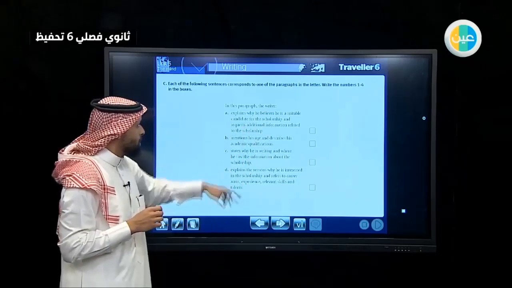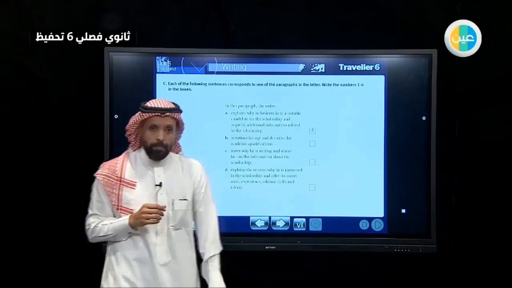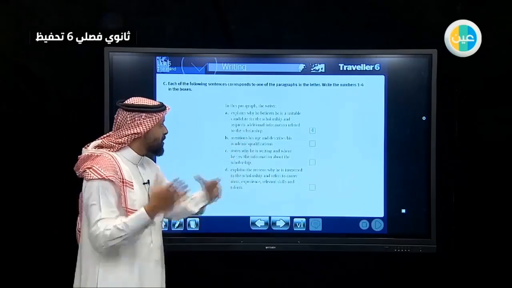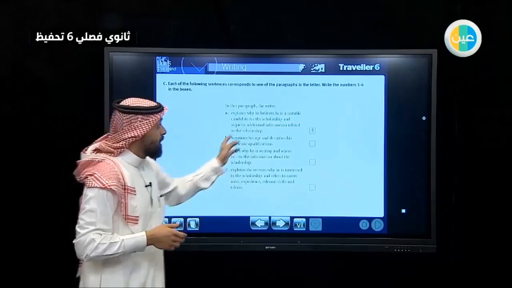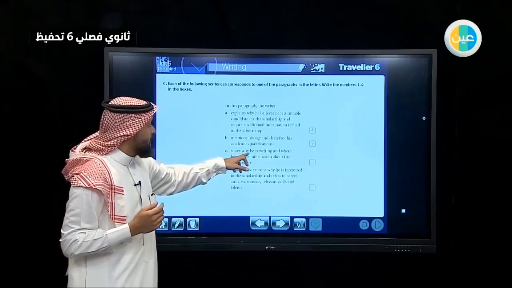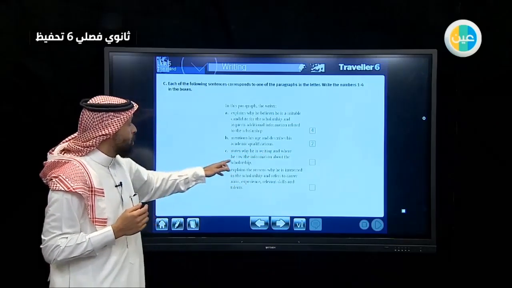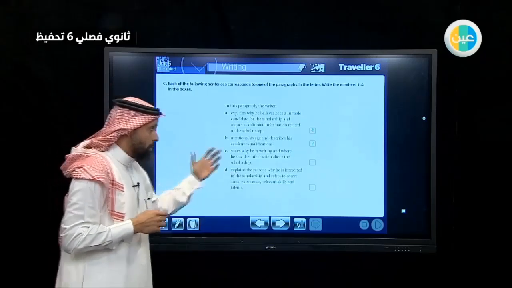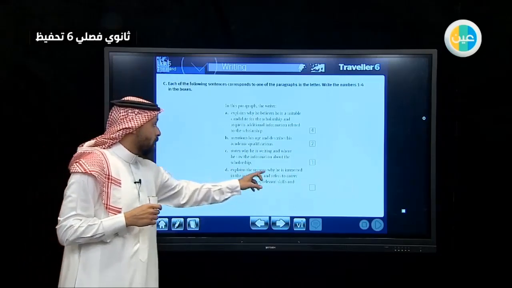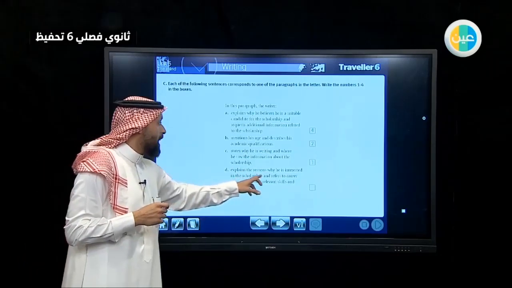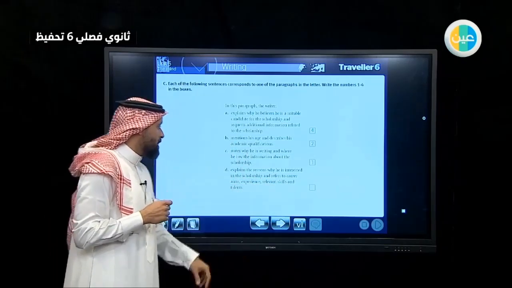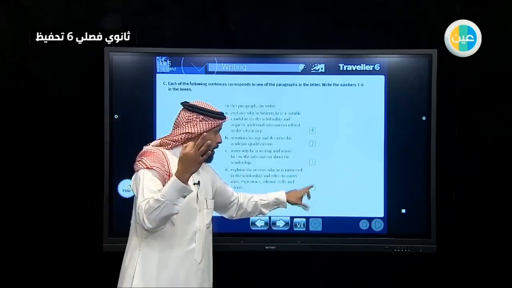Number 4. Which paragraph mentions his age and describes his academic qualification? Number 2. Which paragraph states why he is writing and where he saw the information about the scholarship? The website. Number 1. Explains the reasons why he is interested in the scholarship and refers to career aims, experience, relevant skills and talents. Of course, number 3.